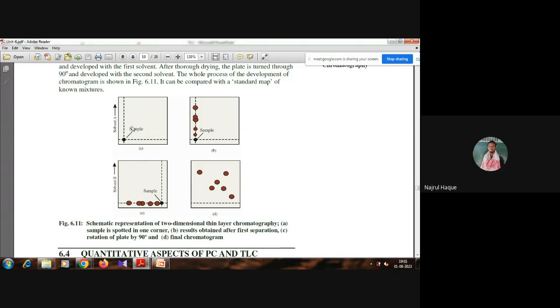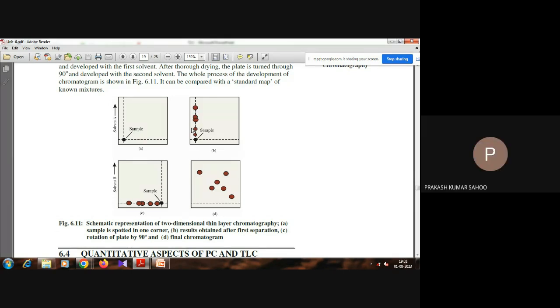Okay, so this is solvent A, the first solvent, where the sample is placed at one corner and the TLC is run. Then we have the different components along this vertical line.